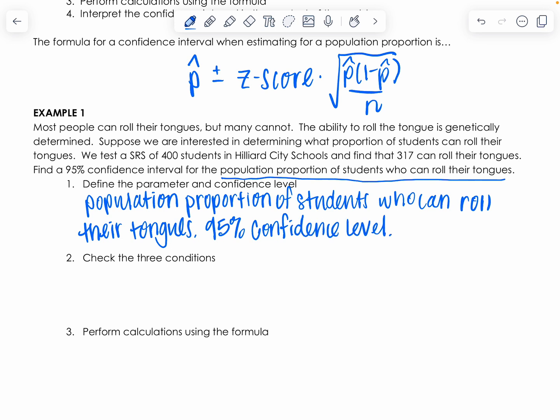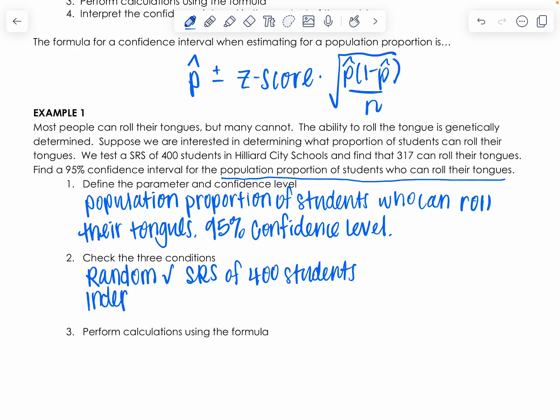All right, our 3 conditions. We took a random sample, right, we did an SRS of 400 students. All right, is our sample independent? Well, that depends. Is n less than 10% of the population?